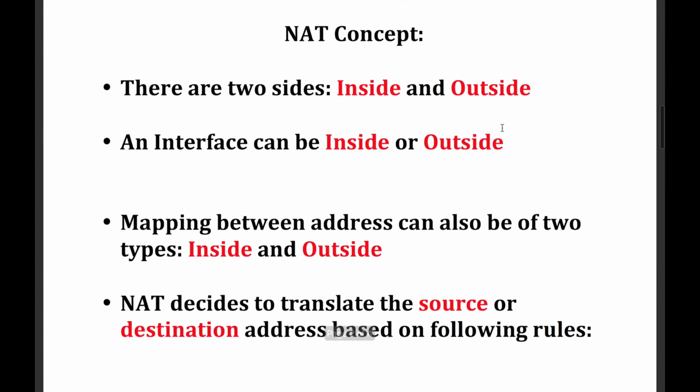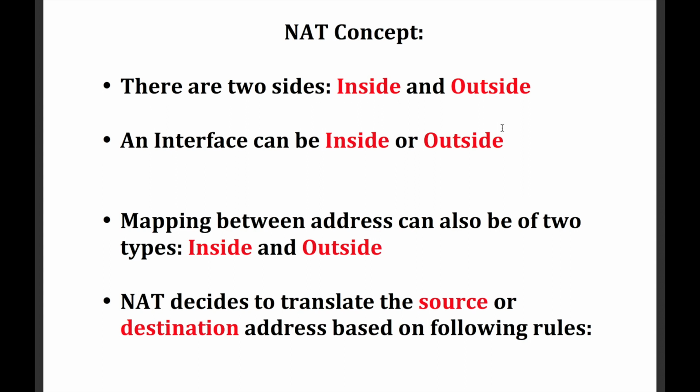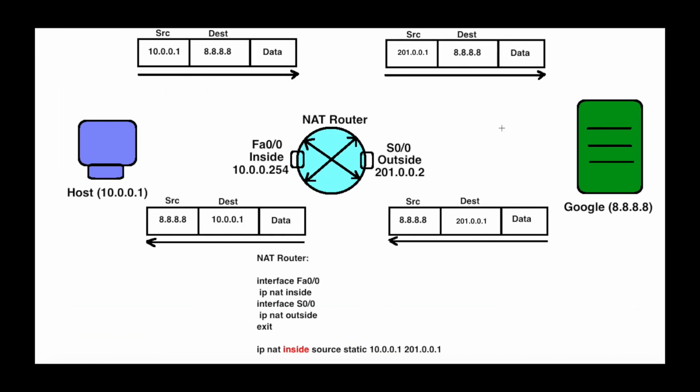The first part of this, we need to understand some basics of NAT. For example, there are two sides, right? Inside and outside. And an interface can be configured as an inside interface or an outside interface. For example, in this diagram, we have a host which wants to access the Google server 8.8.8.8, and if you concentrate on the NAT router, we can see two interfaces, FastEthernet 0/0 and Serial 0/0, and we have designated the FastEthernet port as inside and the serial port as outside.